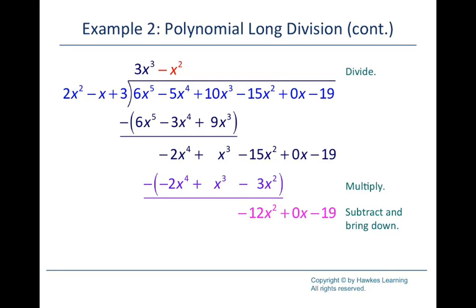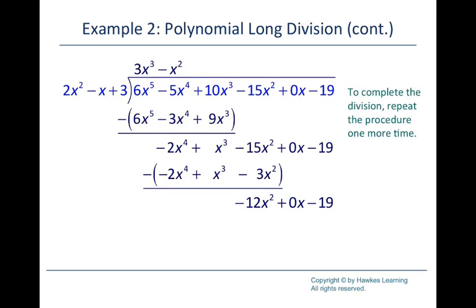And to get negative 12x squared, we're going to have our last term in our quotient be negative 6. Okay, so negative 6 times 2x squared is negative 12x squared. And then we have plus 6x and minus 18. Change signs all the way across. So it would be plus 12, minus 6, and plus 18.